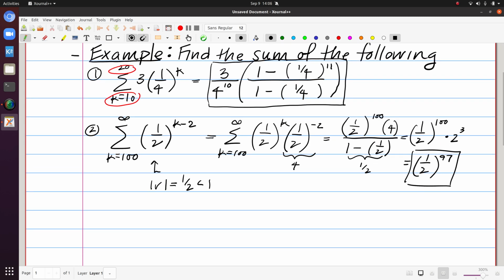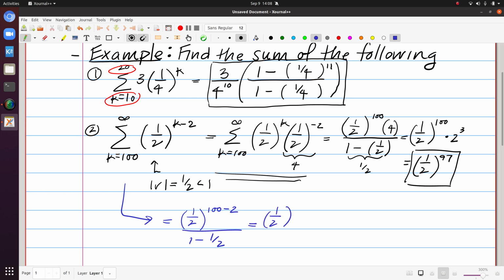I'll point out though, this step we did here, where I broke this up, it wasn't really necessary. We could have instead simply noticed that this is geometric. The first term would be 1/2 to the 100 minus 2 over 1 minus 1/2. That's 1/2 to the 98th divided by 1/2.